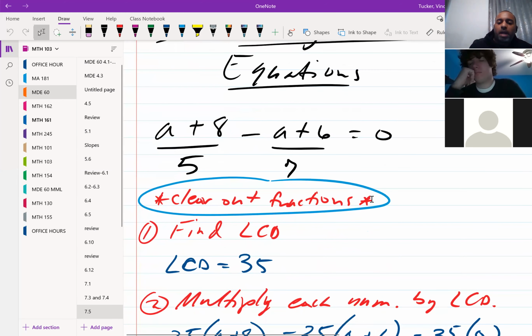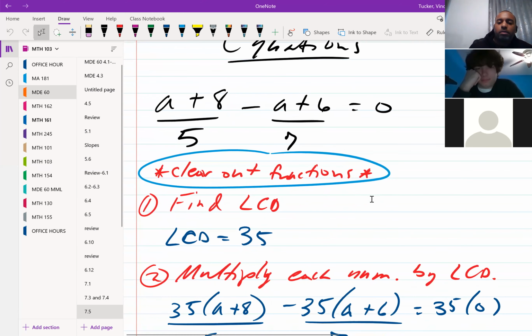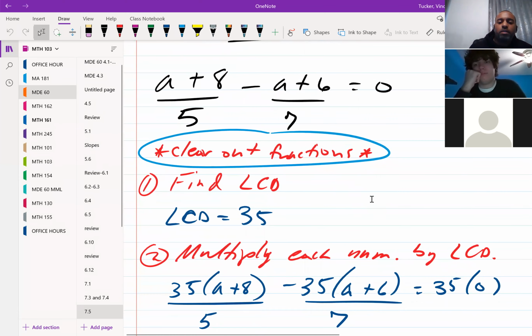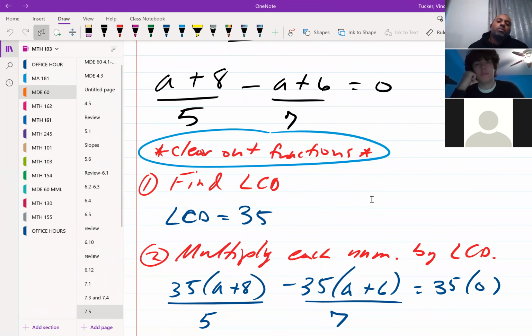Then we're going to multiply each numerator by the LCD. So notice we multiplied a plus 8 by 35, a plus 6 by 35, and the 0 by 35. Any problems?